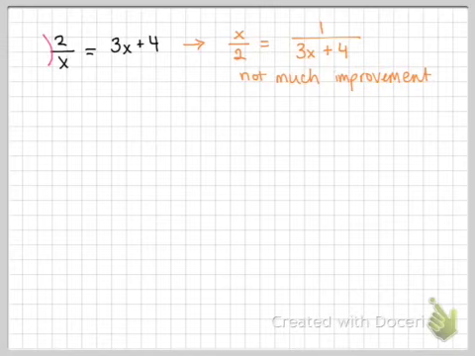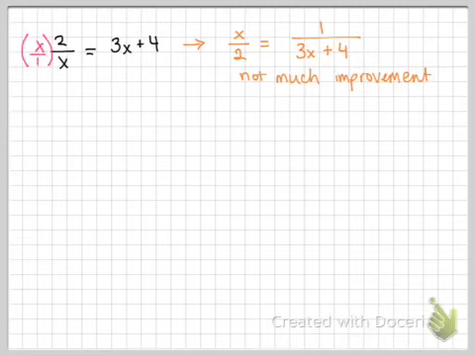So let's look back at this black equation in the corner, and there's another sort of tool I can employ, and that is the fact that if I multiply both sides of an equation by one item, I don't change the relationship between the two sides. Now I'm going to pick my factor to multiply by very carefully.